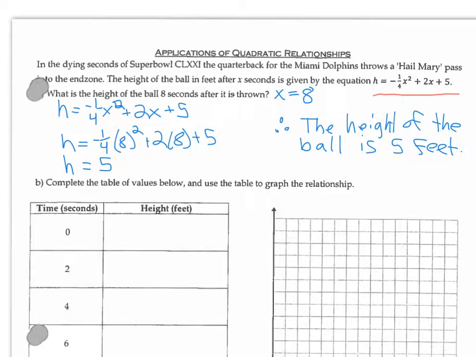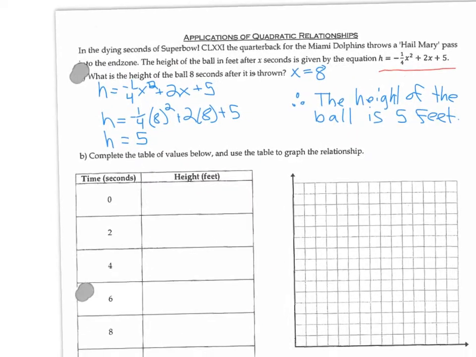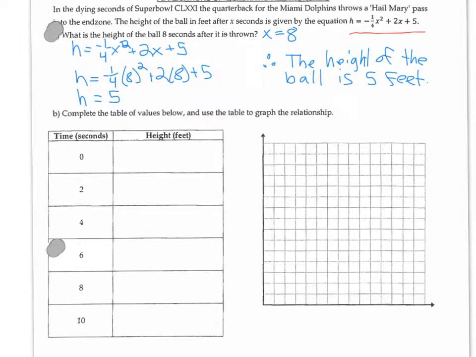Next, part B, we want to complete the table of values below, and then we're going to graph our relationship. So all we have to do is substitute in our time value every time you see an x in the equation. We already know from up here that when time is 8, our height is 5, because we already solved it.